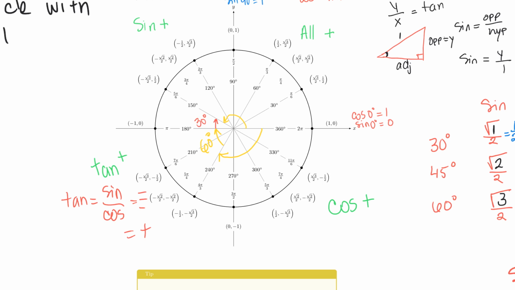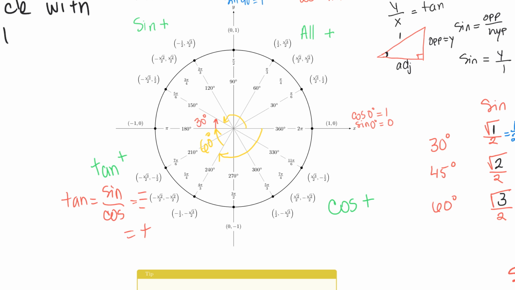Okay, so now you go back to the first quadrant. Hey, what is the sine of 60 degrees? You can see here, sine is square root of 3 over 2, and cosine is 1/2. So you know now that the cosine of 240 degrees is minus 1/2, and the sine of 240 degrees is minus square root of 3 over 2.